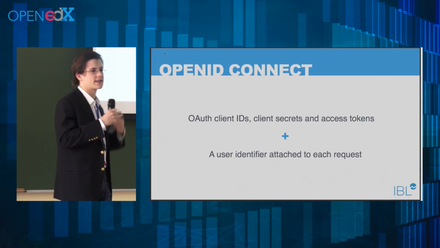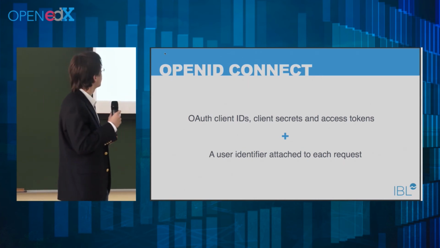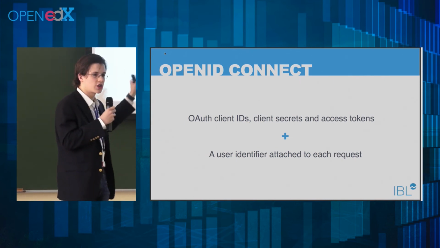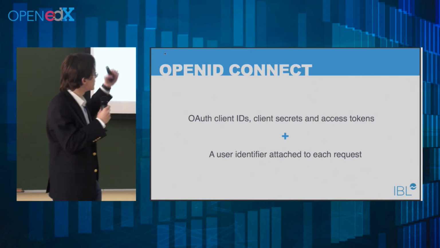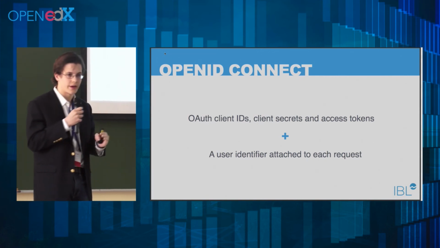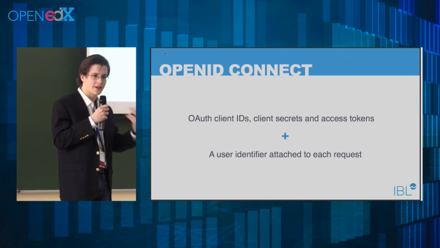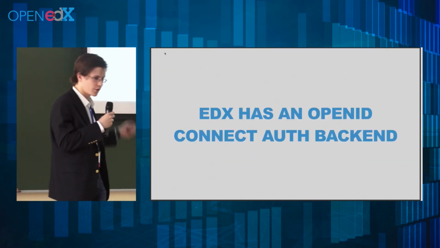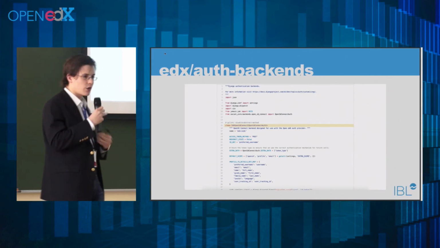OpenID Connect is this external component, and this is what edX uses. OpenID Connect essentially builds on top of OAuth. It takes the client IDs, secrets, and access tokens, and just adds a user identifier, right? That user identifier can carry a lot of information about the user, but that's essentially what it is. Great. How does edX do this?